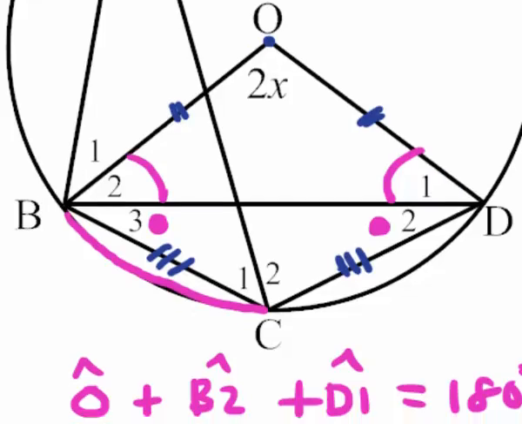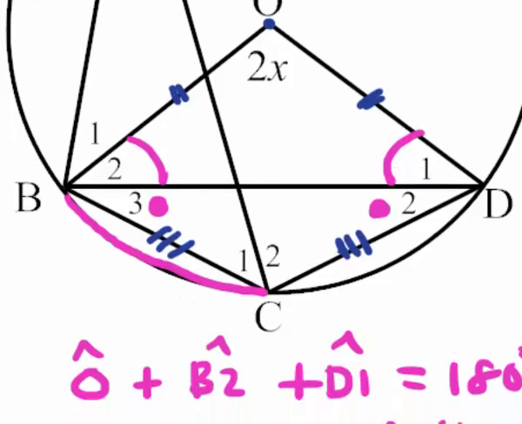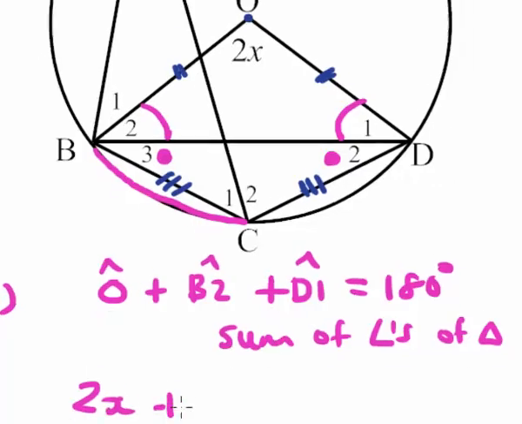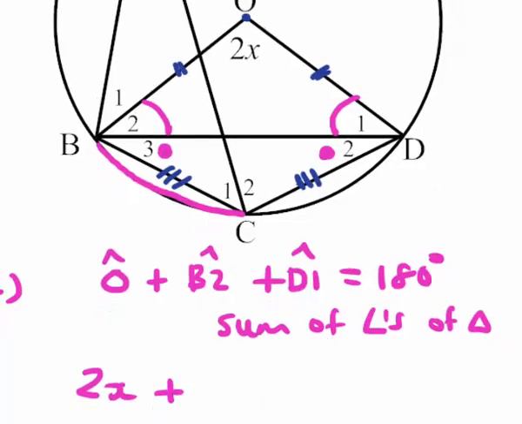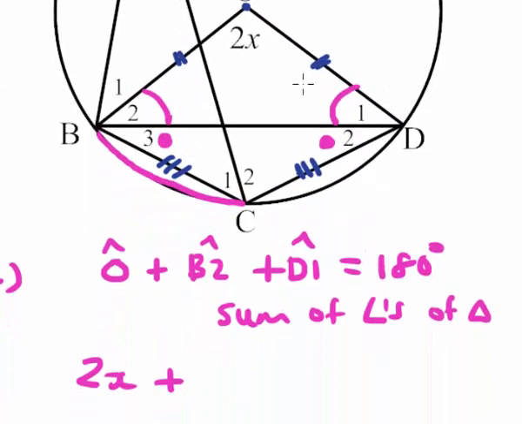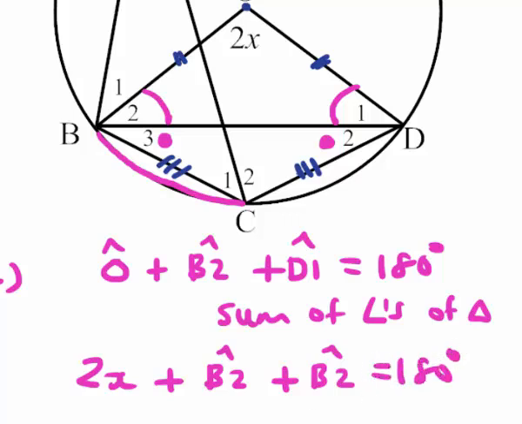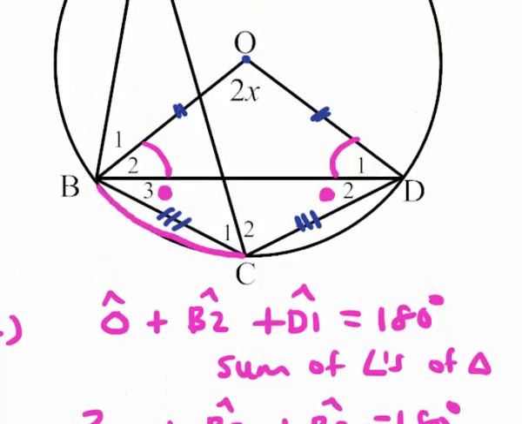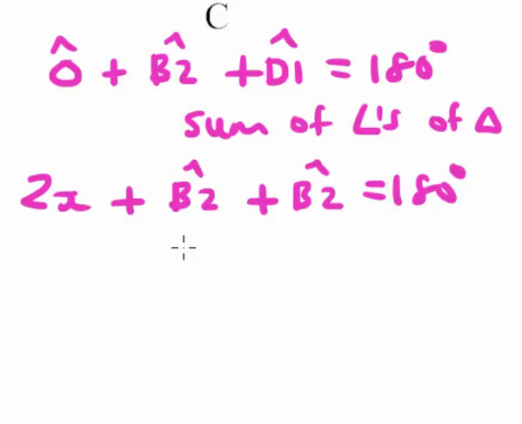If you think about it, B2 is equal to D1, so we could say O is 2x. We want to find B2, so let's leave B2. But what do you know about D1? D1 is equal to B2, and the reason for this is angles opposite the equal radii.